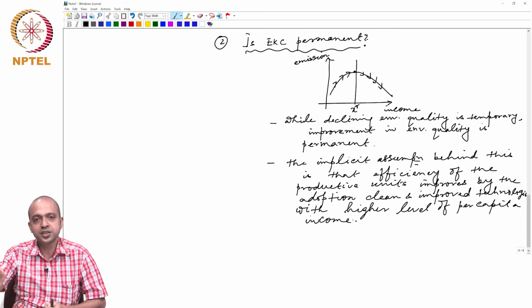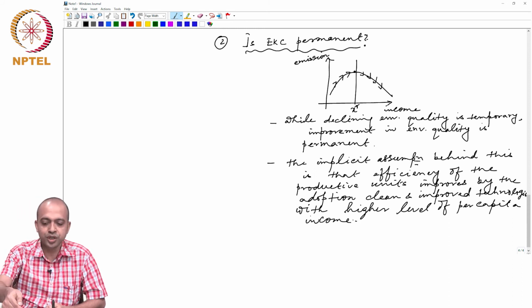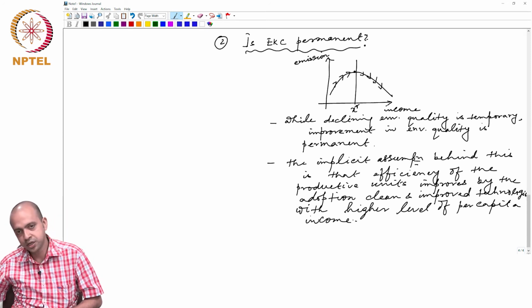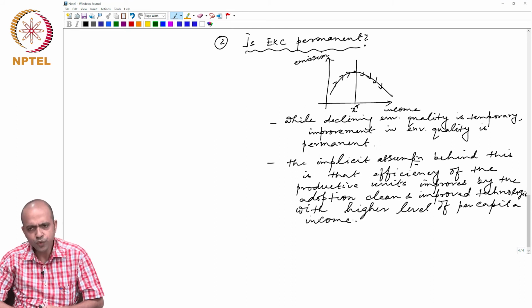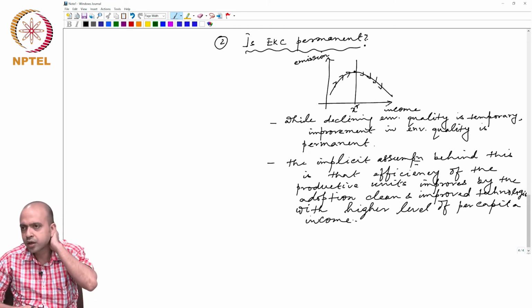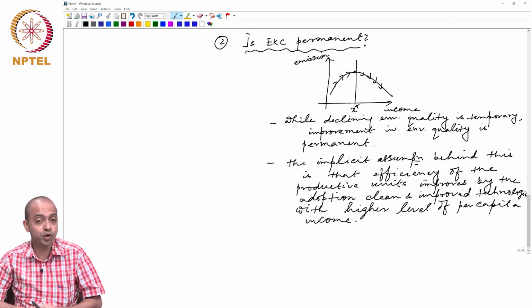So, environmental quality starts improving and we experience the downward sloping portion of the EKC curve, which is generally permanent. But in reality, it may so happen that the structural change in the production process is actually not feasible for all types of pollutants, rather it may happen only for a limited number of pollutants.